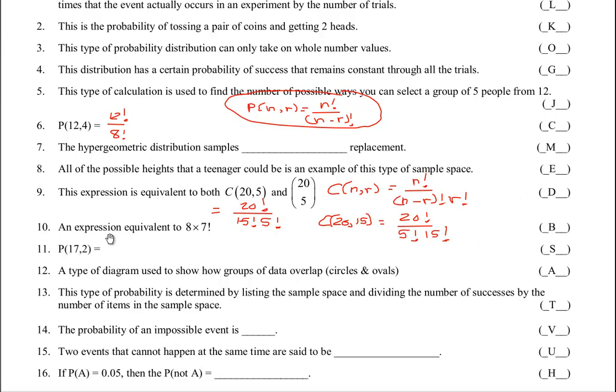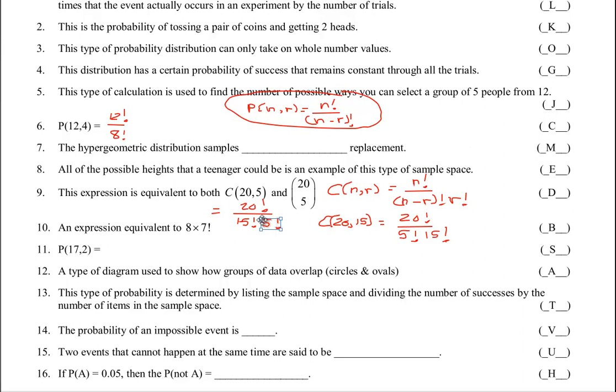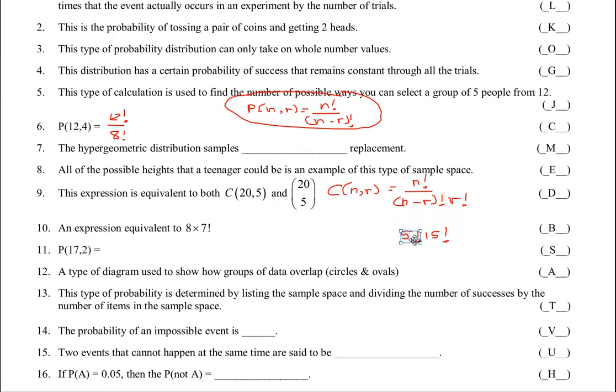For number 10, an expression equivalent to 8 times 7 factorial. Now let me get rid of a little bit of what I wrote here so I have some room to write. So what this is equal to would be 8 times, now 7 factorial is the product of all the numbers from 7 down to 1.